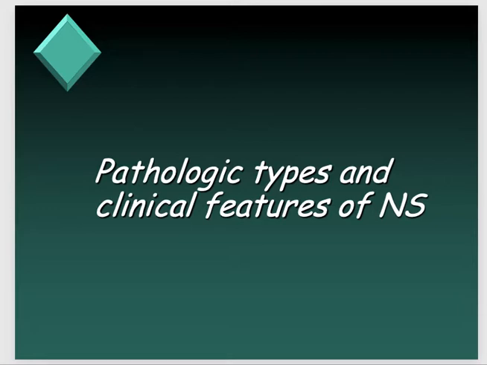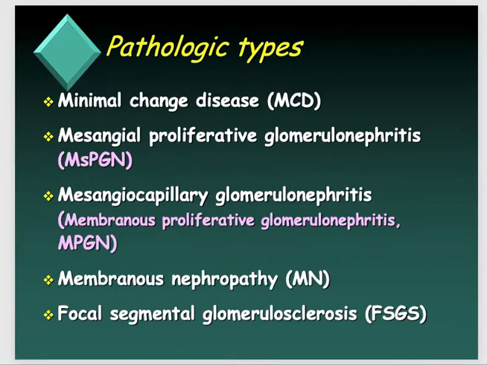But this lecture is more about showing you the things or remembering the things. Okay, these are the pathological types, right? We will come to know this after we have the results of the renal biopsy. Then we would know what kind of condition it is.